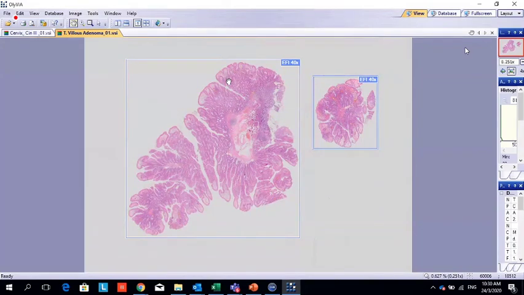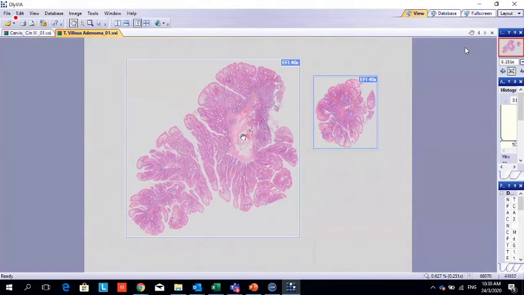Actually, the polyp we said is a protrusion from the mucosa. So you can see the whole polyp is lined by glands, isn't it?